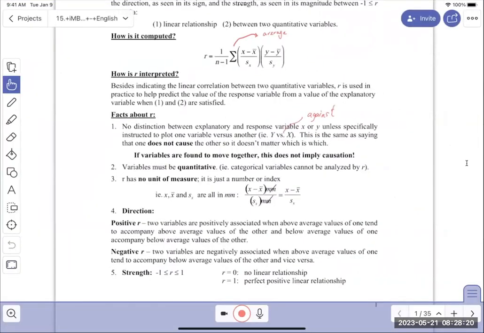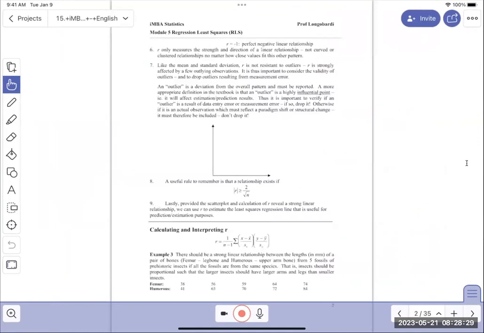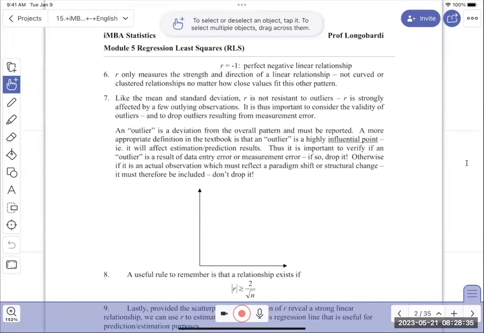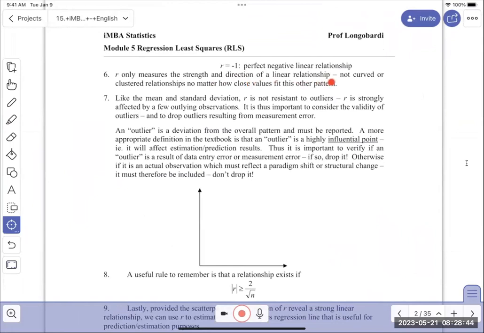All right, so I'm just jumping between my modules to tie it back together. Notice in calculating our relative measure of a relationship between two quantitative variables, R measures the strength and direction of a linear relationship, not a curved or clustered relationship. There are other measures for that, or other ways to get estimates of that.